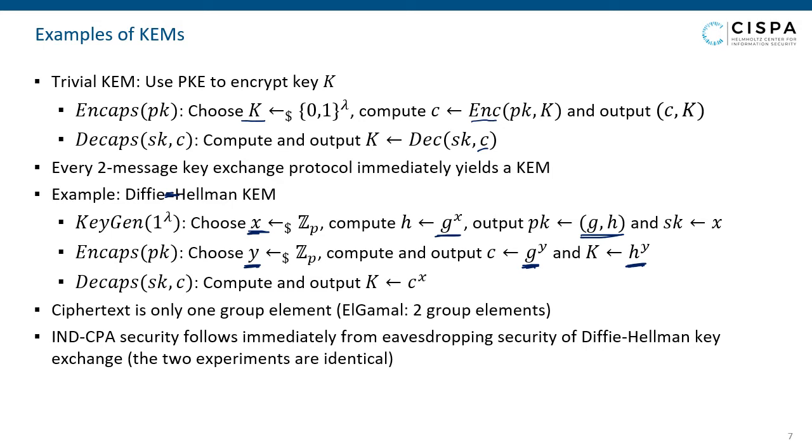In order to see this, really just notice that, in the notation from the key exchange lecture, the keygen algorithm is the same as the Alice1 algorithm, the Encaps algorithm is the same as the Bob algorithm, and the Decaps is the same as Alice2. In that way, security of this key encapsulation mechanism follows immediately from the decisional Diffie-Hellman assumption.